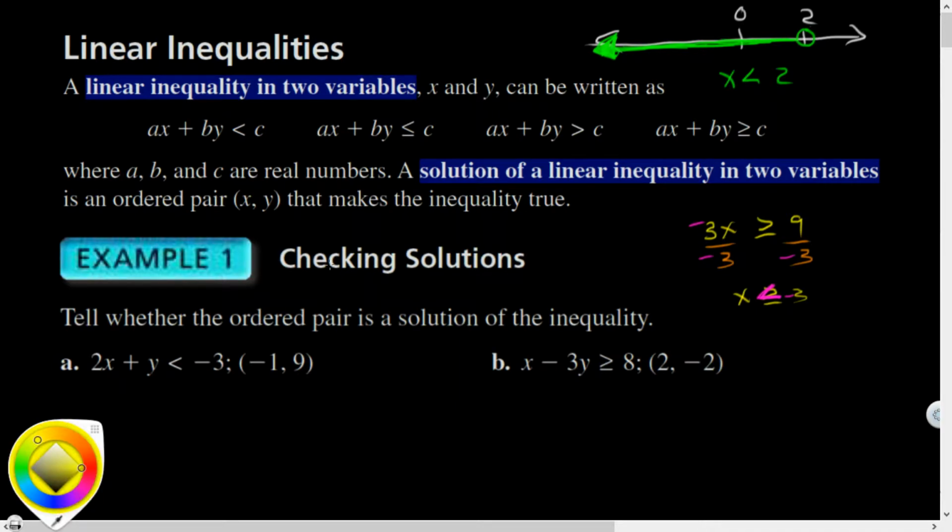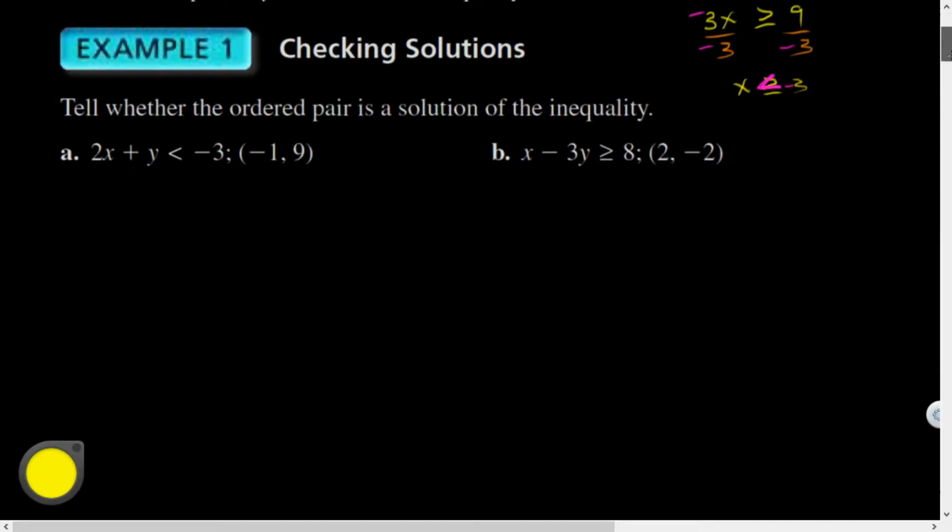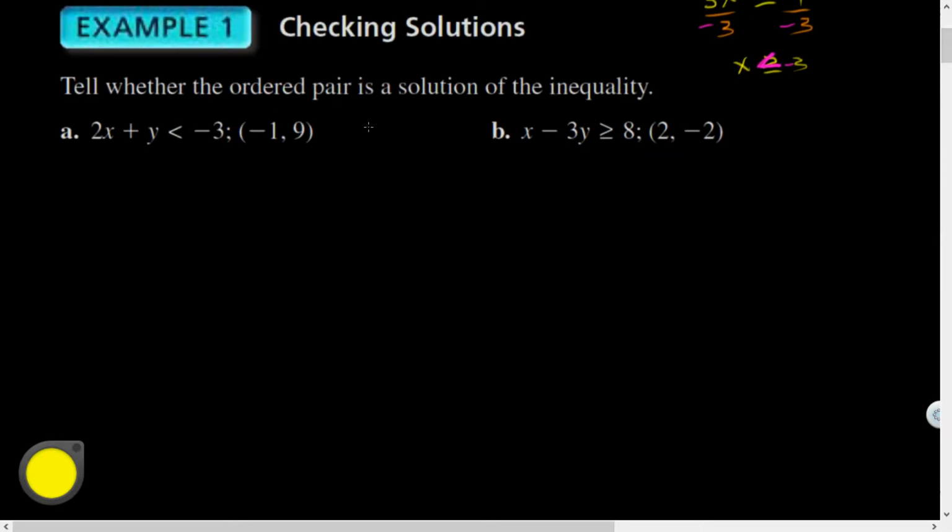But check this out. We're starting super simple right here. Example 1. All they want us to know is, is this a solution? And if this is a solution, basically what this means is that this value of x and this value of y will make this inequality true. Now, that doesn't mean that both sides are going to be equal. In fact, in this case, they can't be.